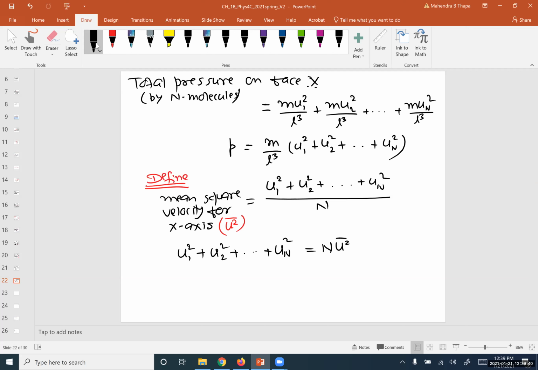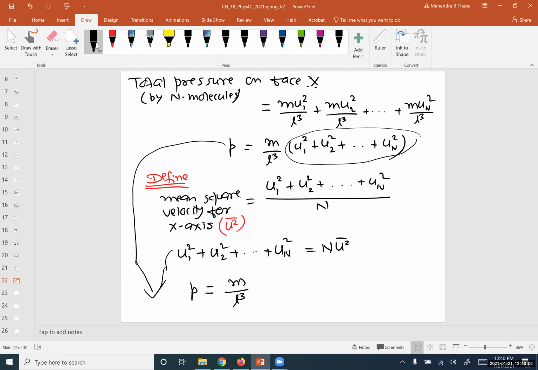Okay, so in terms of this, we can combine this and that together. We can write P equals m over L cubed, instead of this, we can write that one.